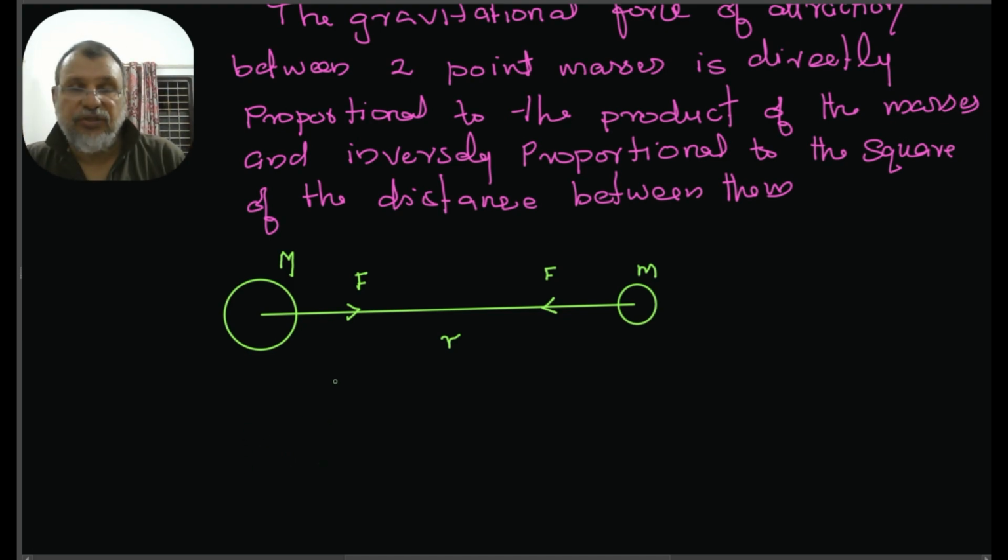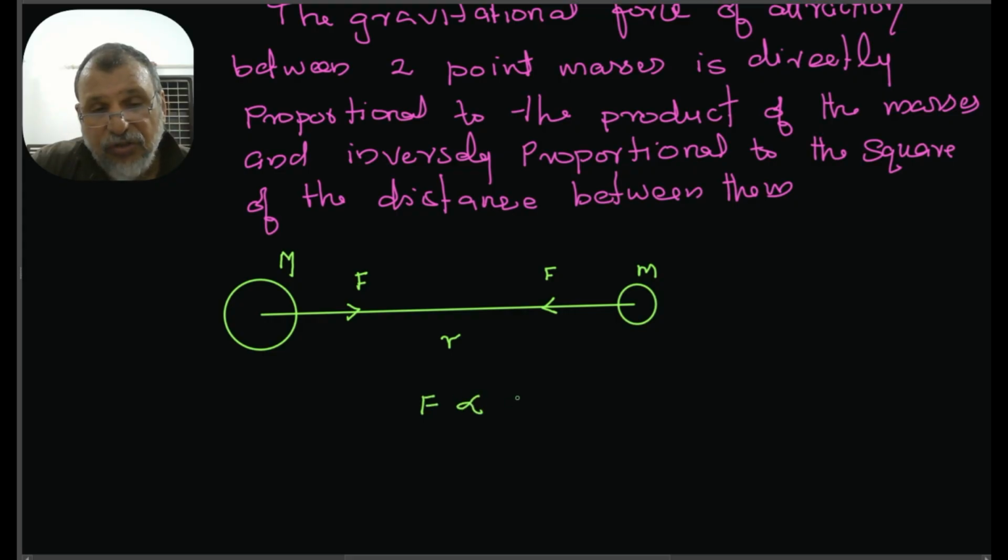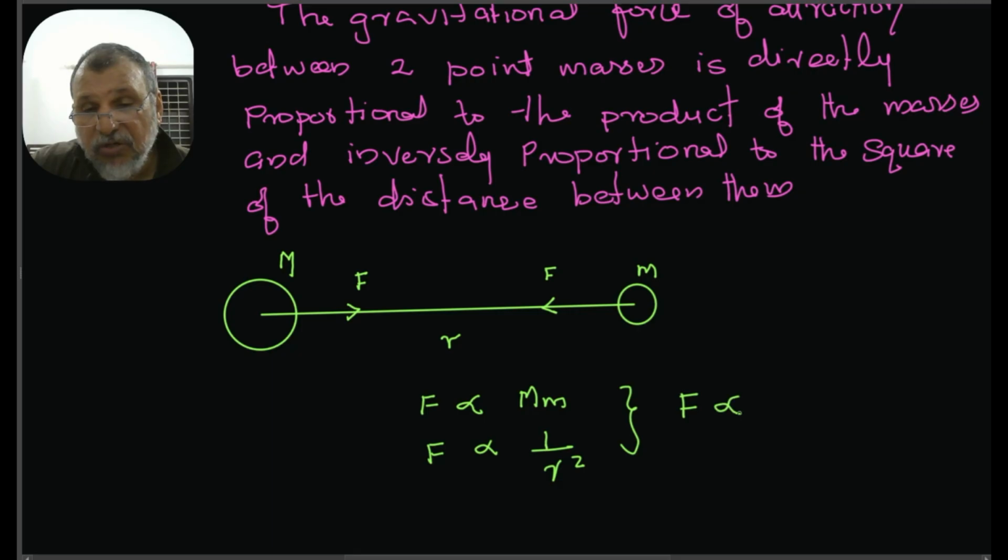We are not really worried at the moment about the directions. The magnitudes of the forces are equal. So we can write: F is proportional to the product of the masses, M times m, and F is inversely proportional to the square of the distance between the two masses, that is r square. Combining these, F is proportional to Mm over r square.